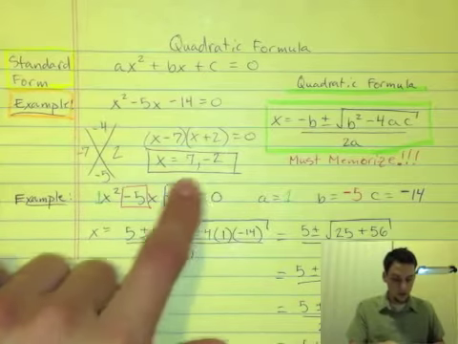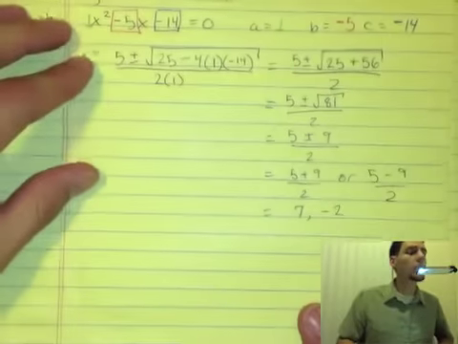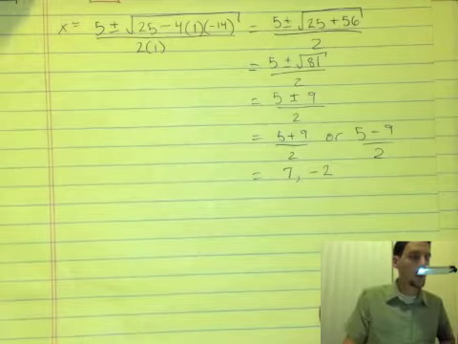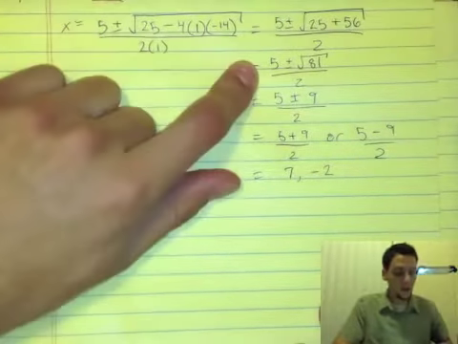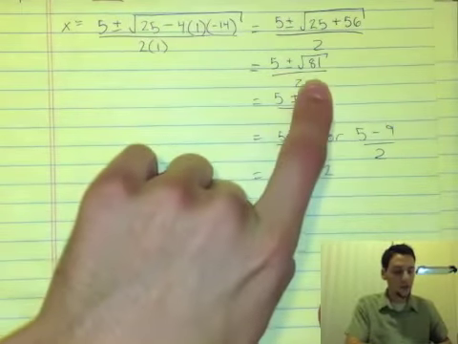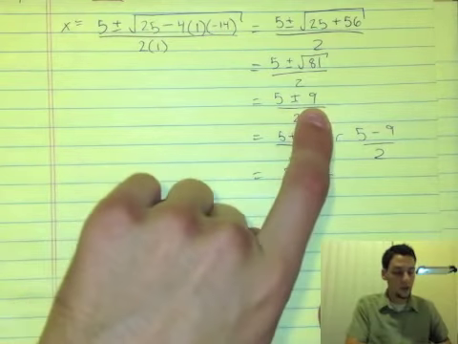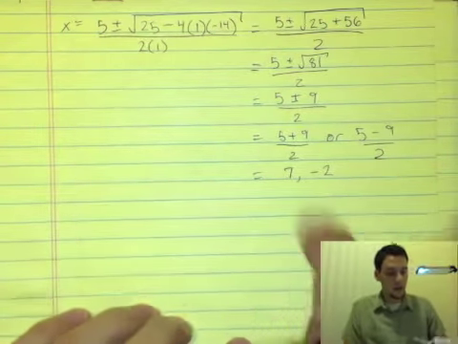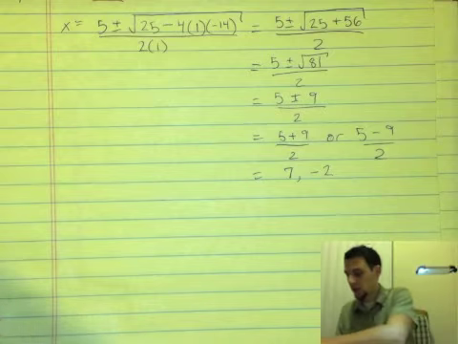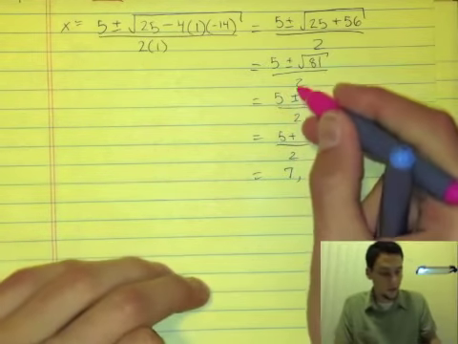Are those the same answers? Can you guys see that? No, not at all. So we're just simplifying. 25 plus 56 is 81. Square root of 81 is 9. And then split up the plus or minus into 2 parts so that we can see that we have 2 answers.